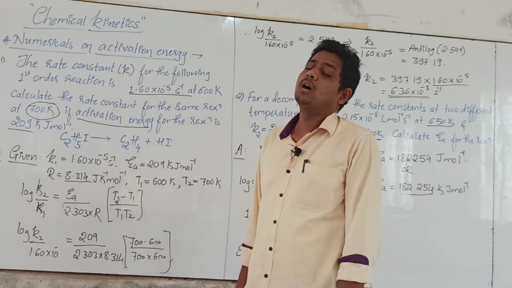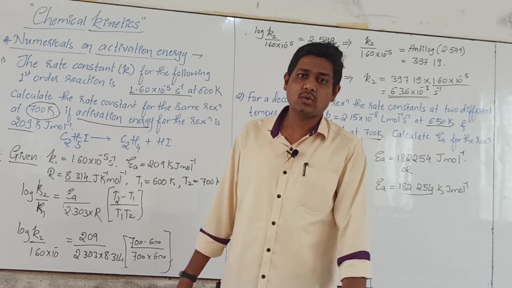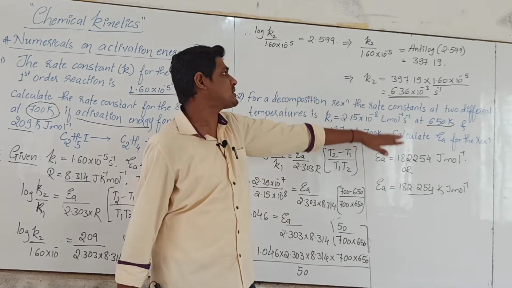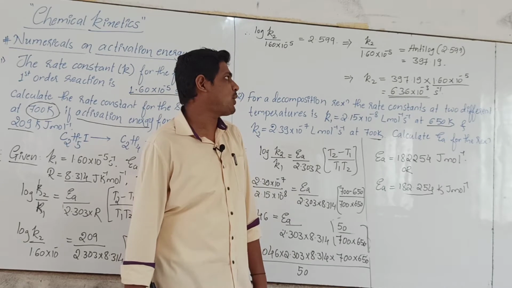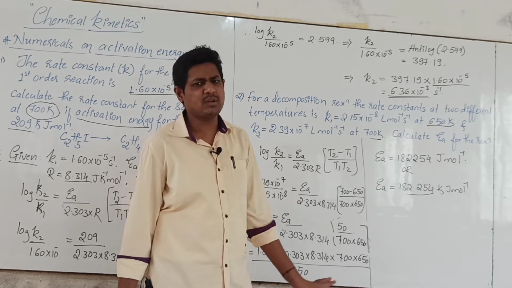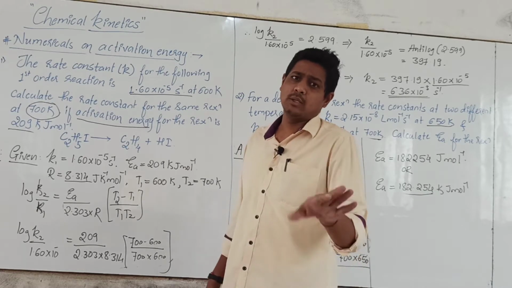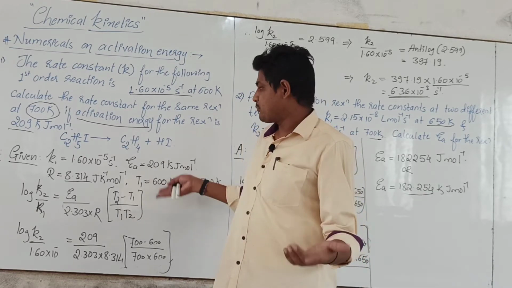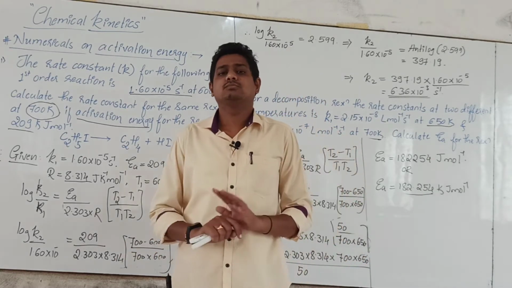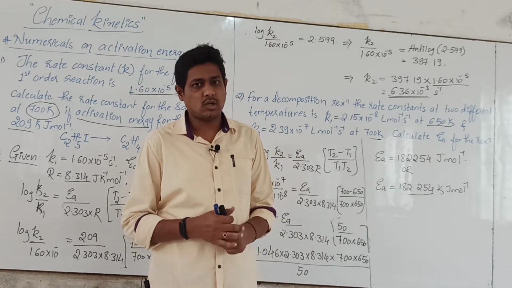So on putting all the values and solving we'll get K2 as 6.36 into 10 to the power minus 3 per second. Everything is given and only one term is unknown, and that unknown you have to calculate. Simple mathematics. I hope you will have no difficulty in solving that.